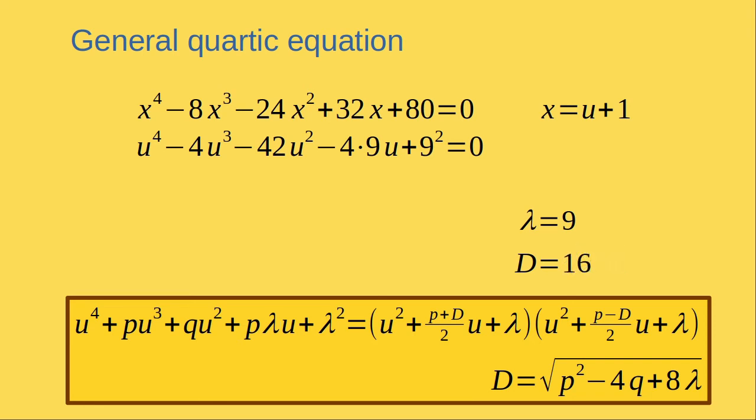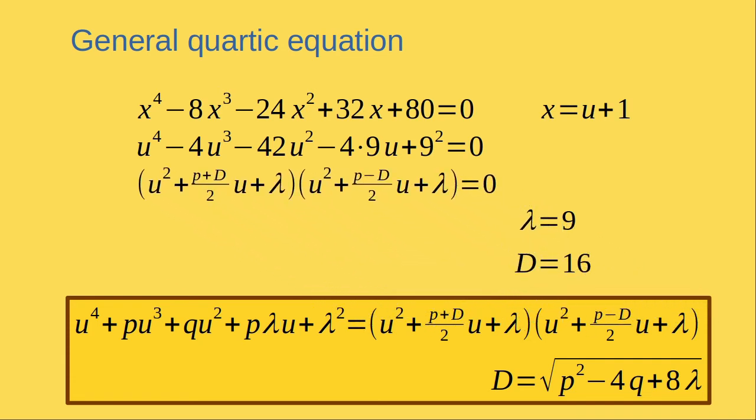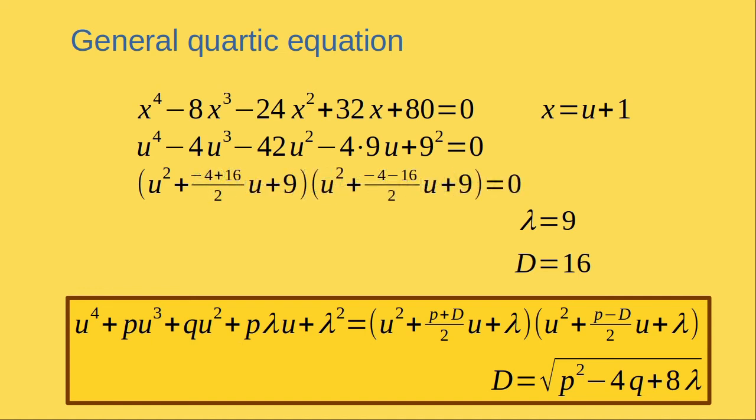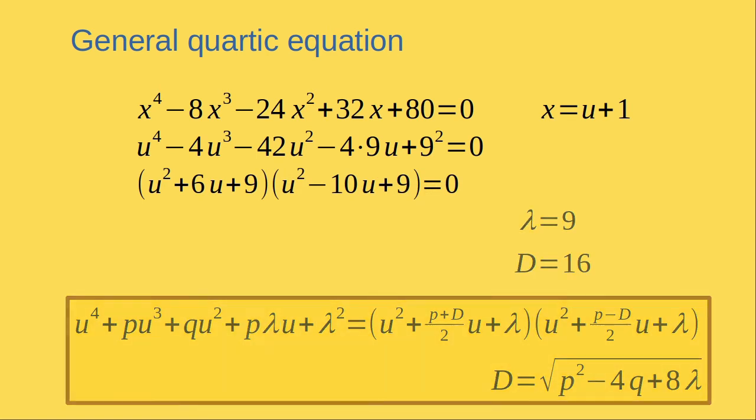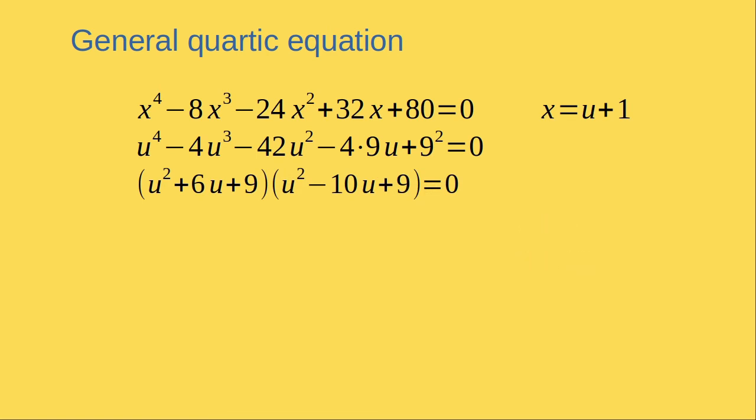Using our formula we write the equation as u squared plus 6u plus 9 times u squared minus 10u plus 9 equals 0. Because a product is 0 if and only if one of its factors is 0, we get the quadratic equations u squared plus 6u plus 9 equals 0 and u squared minus 10u plus 9 equals 0.